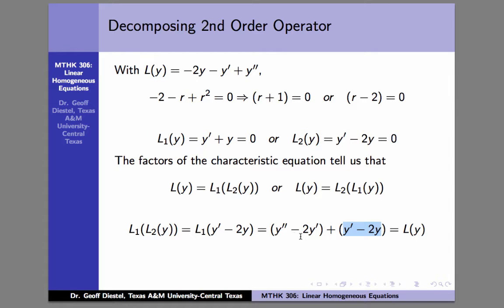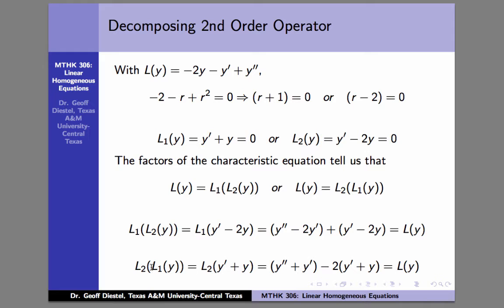Now if we combine like terms here, what do we get? We get exactly what we get up here at top for L of y. So what we've just proven is that L1 of L2 of y is the same as L of y, which tells us that any solution of L2 of y equals 0 is also a solution of L of y equals 0. Now we do the same thing in the other direction, and we see that that works as well.